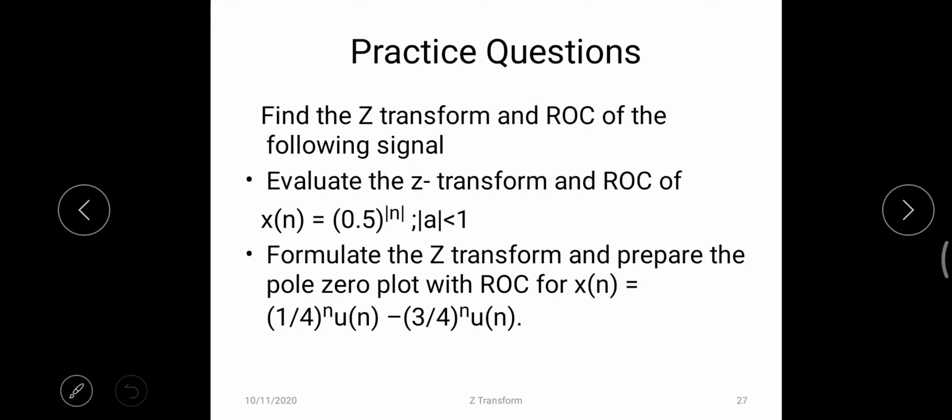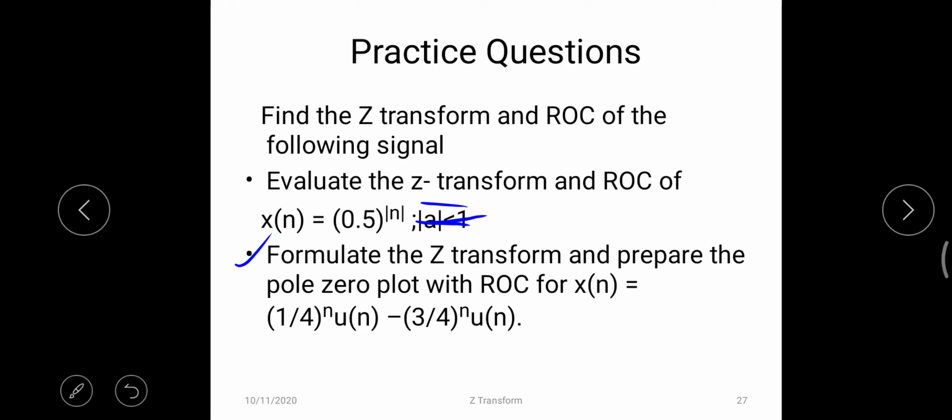So now for the practice sessions, you can find the Z transform of x of n equal to 0.5 whole power of modulus of n. For that we can find the Z transform. It's double-sided, so obviously my ROC will be a concentric ring. In the second problem, they have given x of n with 1 by 4 and 3 by 4 powers, both multiplied by u of n.